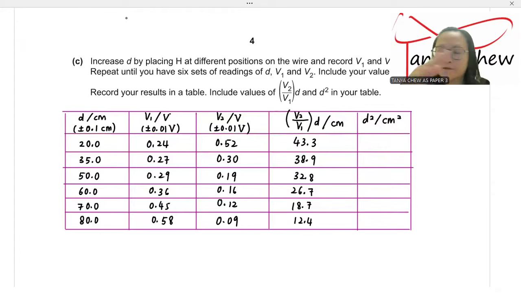D square, you have to look at D value because D square is calculated data. So all the D values are of three significant figures. So I have to put three significant figures to D square. So the first one, 400, second one is 1230, and third one, 2500. 3600, 4900, and 6400. Done.